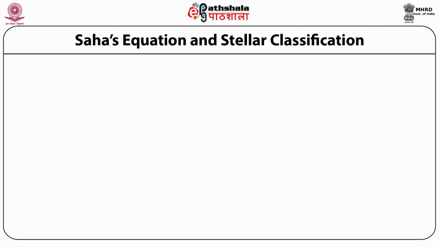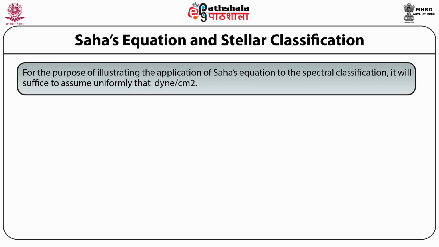Saha's equation and stellar classification. For the purpose of illustrating the application of Saha's equation to the spectral classification, it will suffice to assume uniformly a pressure of some dynes per centimeter square.